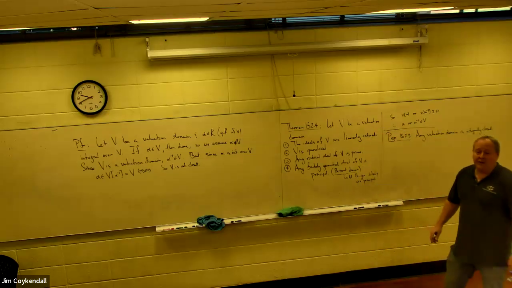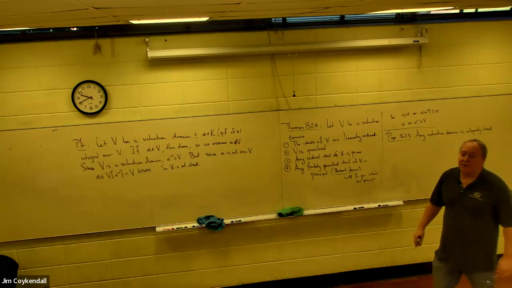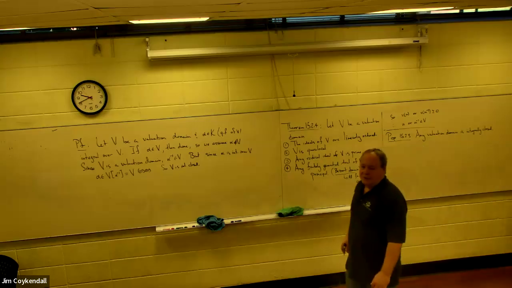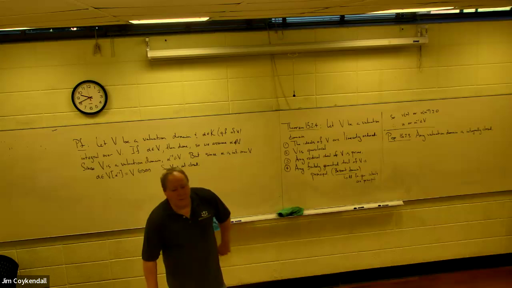So if you have a Noetherian Bezout domain, it is a PID. If you have a Noetherian domain, every ideal is finitely generated, and now you throw in Bezout, which means all finitely generated ideals are principal.